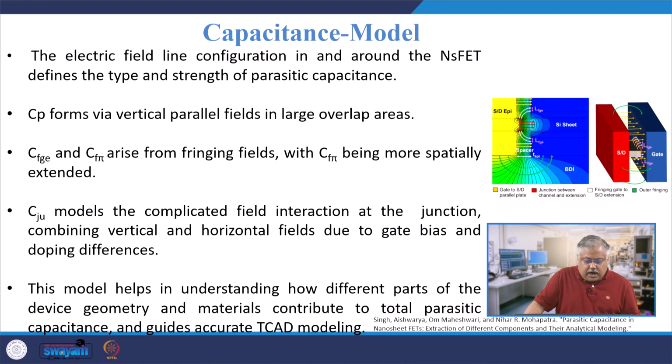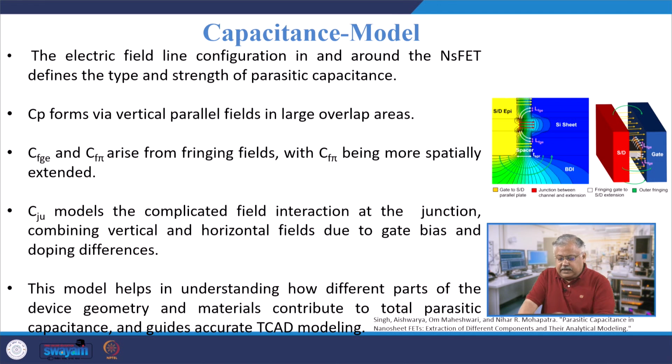And the junction capacitance models are typically complicated because they consist of both horizontal as well as vertical field due to gate bias and doping differences. The model which they have proposed helps the reader understand how device geometry and material contribute to the total parasitic capacitance.